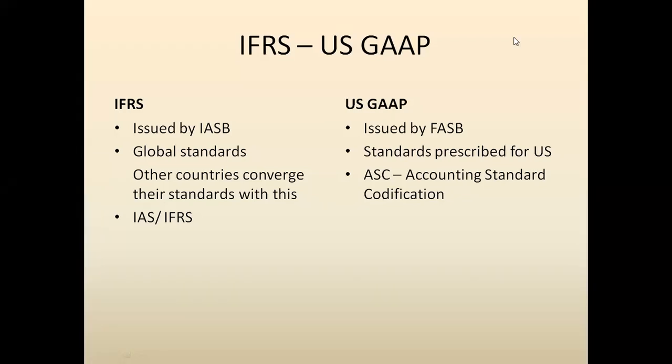On the other hand, US GAAP is issued by the Financial Accounting Standards Board, a US-based board, and those standards are prescribed only for the US. US GAAP standards are named ASC, Accounting Standards Codification, whereas IFRS standards are either IAS, numbered like that, or IFRS. This is a very brief distinction between these two.